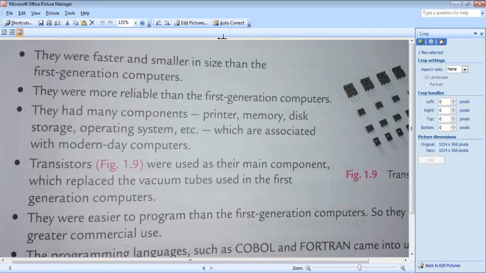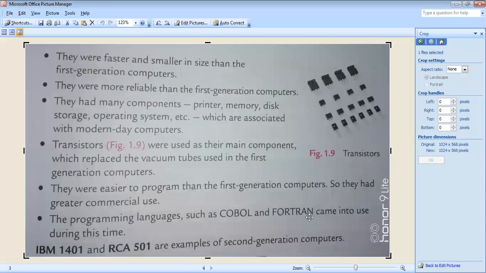They were easier to program than the first generation computers, so they had greater commercial use. The programming languages such as COBOL and Fortran came into use during this time. IBM 1401 and RCA 501 are examples of second generation computers.